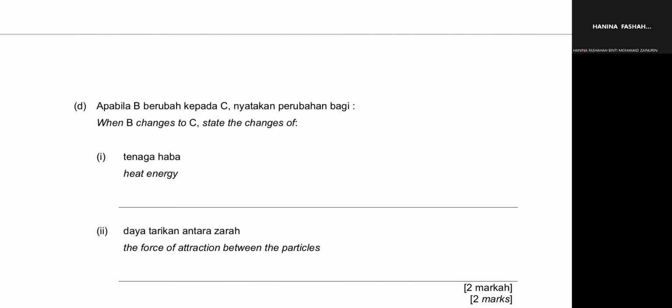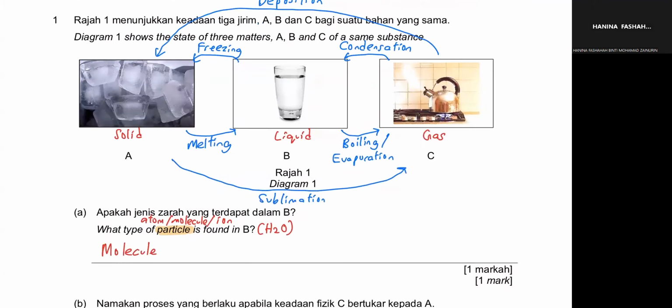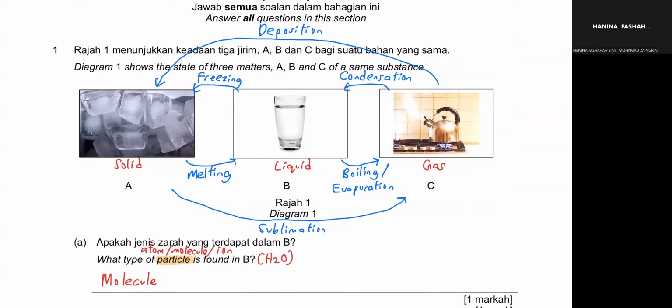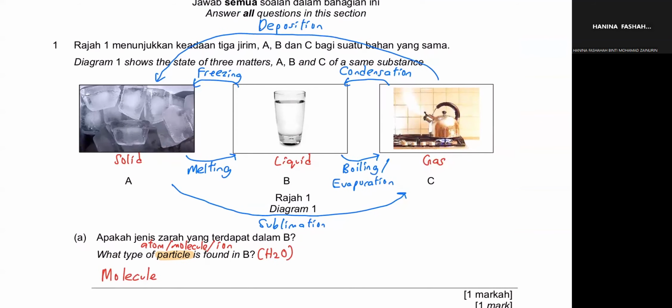Next, when D changes to C, state the changes of heat energy. If it goes from solid to liquid to gas, heat is absorbed. Why is heat absorbed? Because when a solid absorbs heat, it melts or boils.